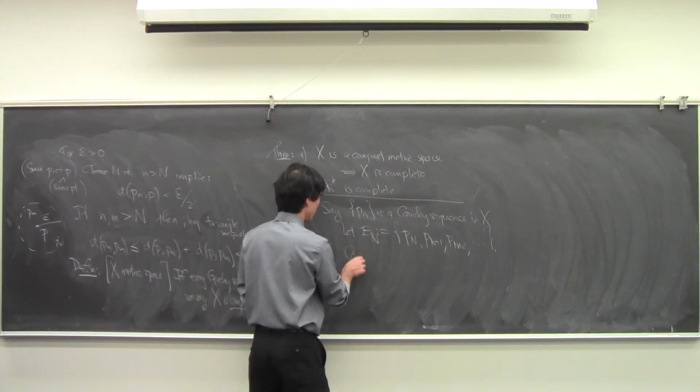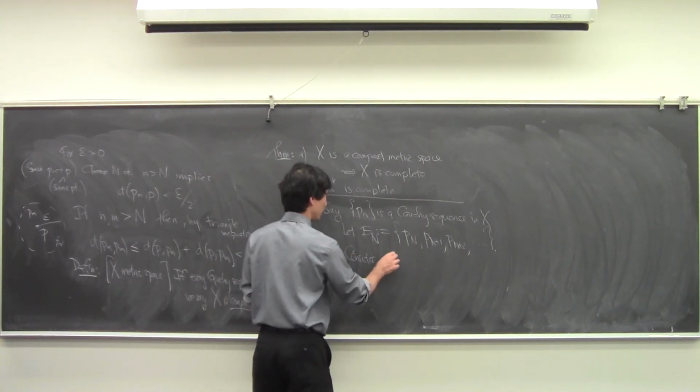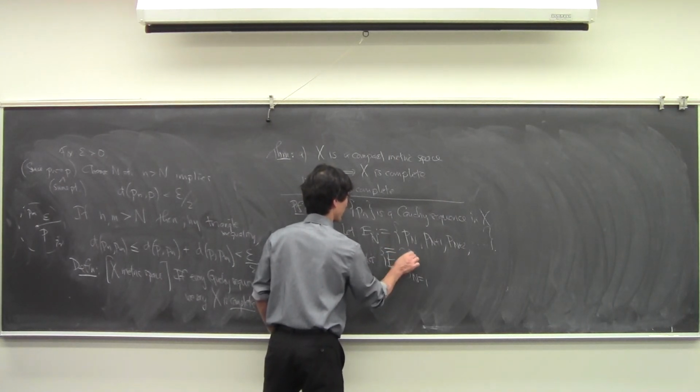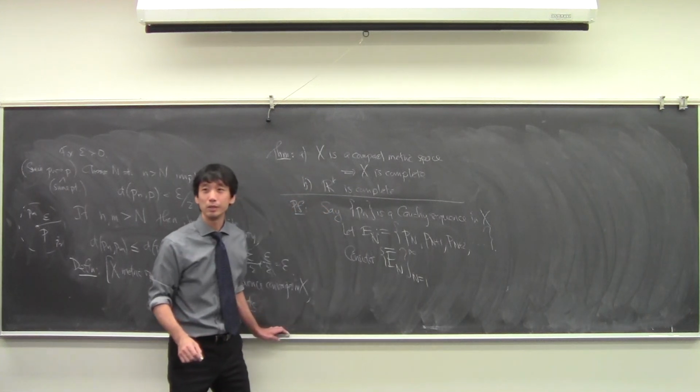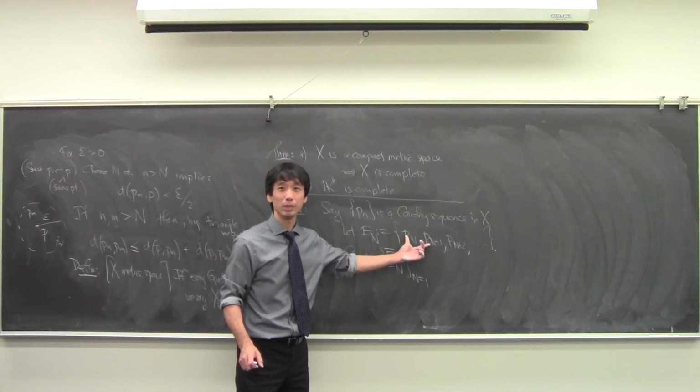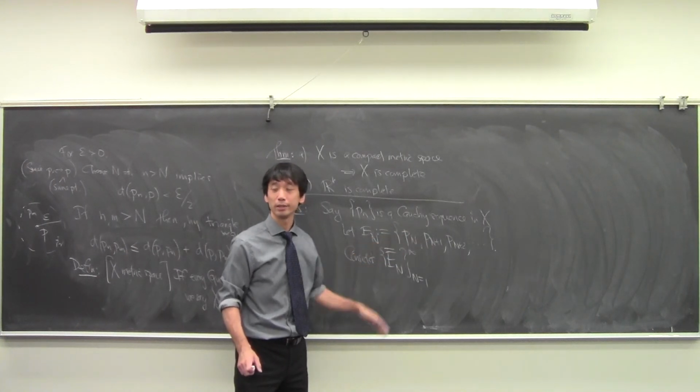Now consider the closures of those E_n's. Take the set that makes up the tail and close that set.